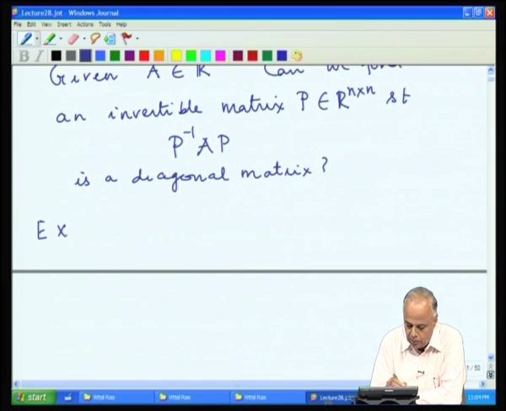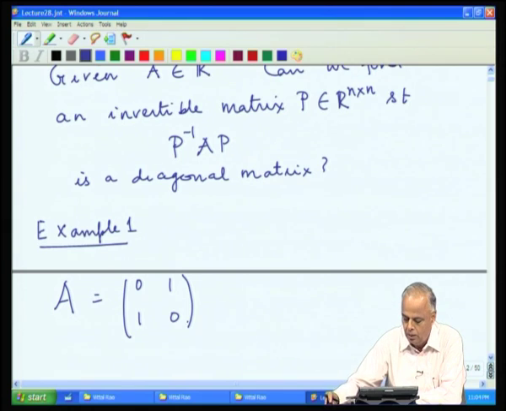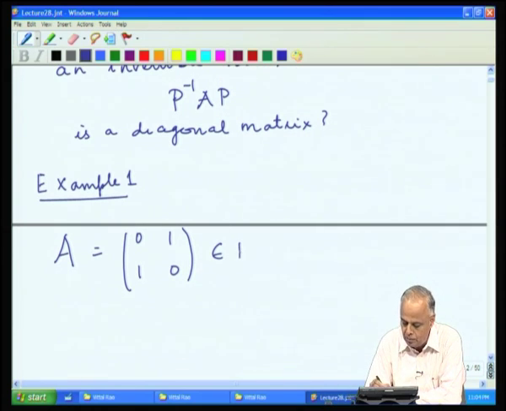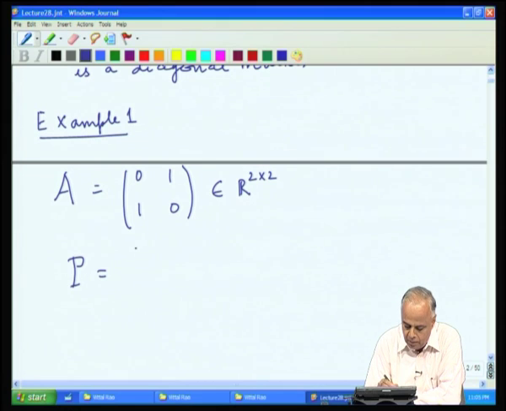First example, let us take the 2 by 2 matrix 0 1 1 0. So, it is a real 2 by 2 matrix. Now, consider this matrix P, we shall see later how we found this P: 1 1 1 minus 1.